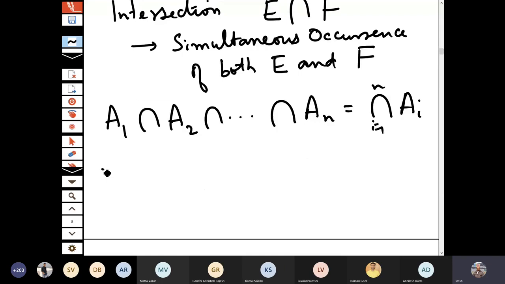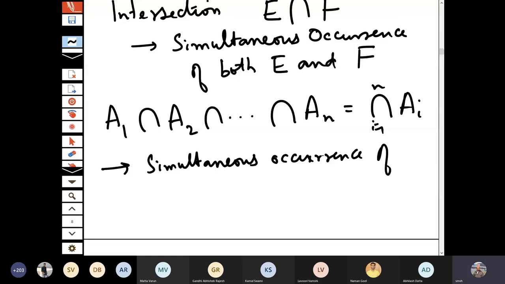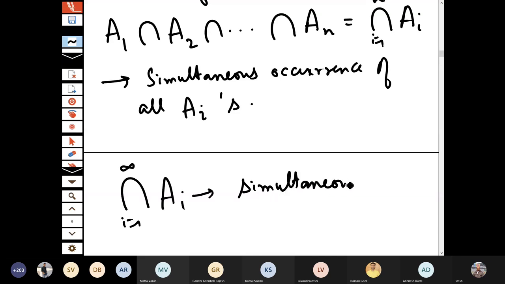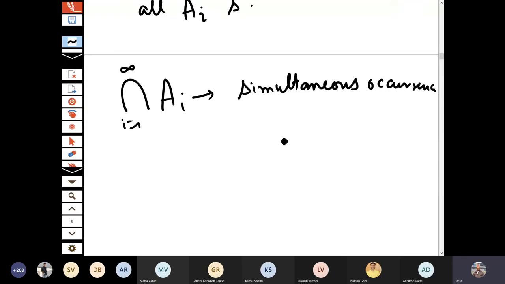This means simultaneous occurrence of all Ai. Again, it can be simultaneous occurrence of an infinite number of events.